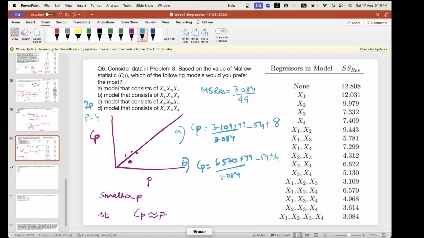So in this case this would be 8. For C it would be Cp equal to x1 x3 x4, 4.968 by 3.084 by 49, minus 54 plus 8.